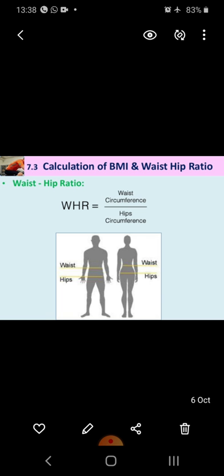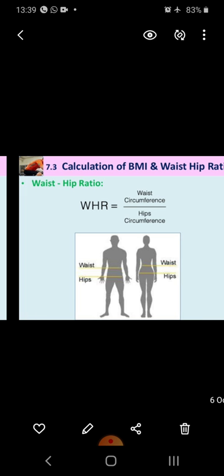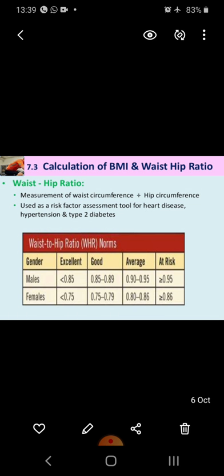Your hip circumference is where your pelvis region is. This is the hip circumference. Fine. This is the waist hip ratio chart.